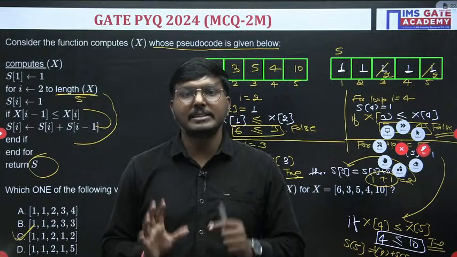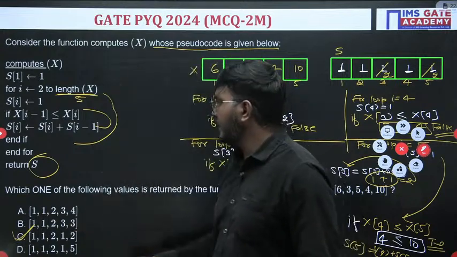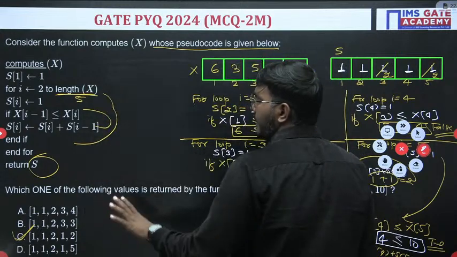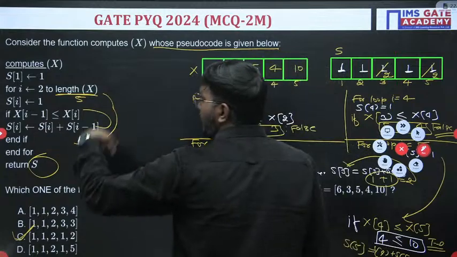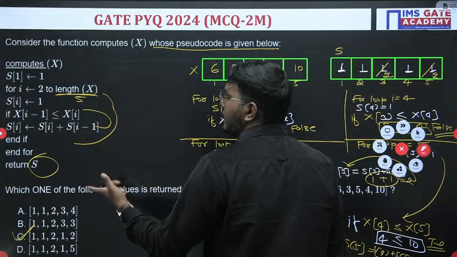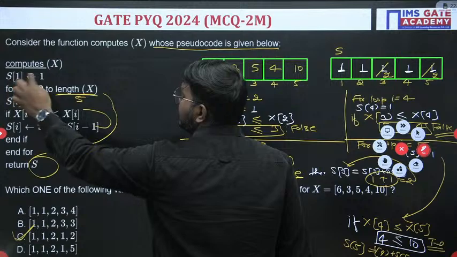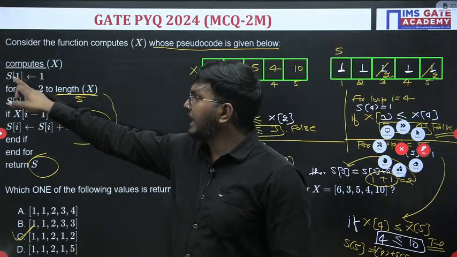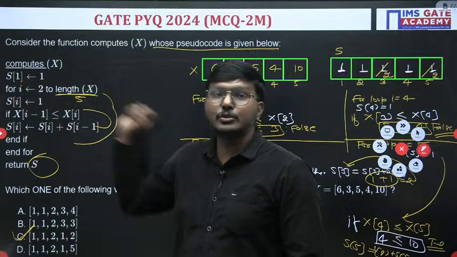But the problem is that they haven't mentioned whether the array starts from 0 or 1. Indirectly, from this problem, you have to think what the starting index should be. Because they are starting with S of 1 initialized to 1.